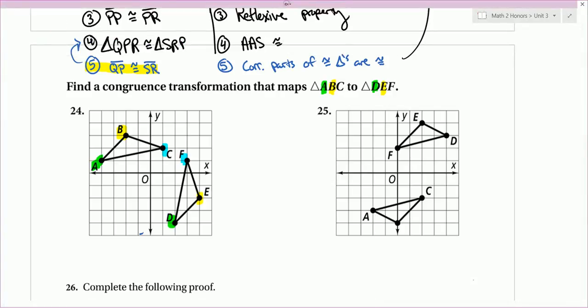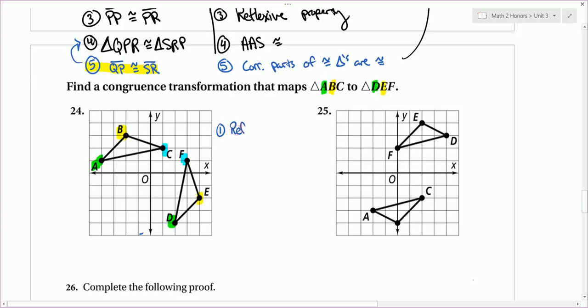The first thing I'm going to do is try to, let's reflect. Remember, we went from ABC to the other. So first step, let's reflect across the x-axis. Sorry, the y-axis.